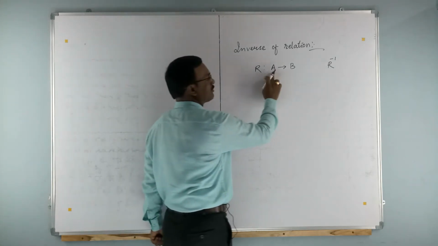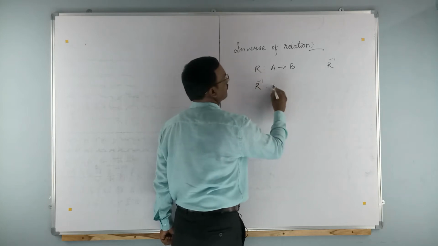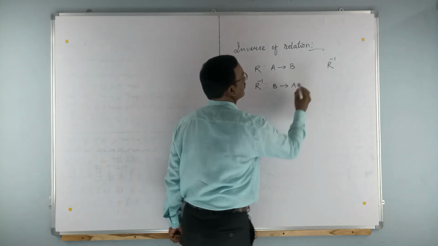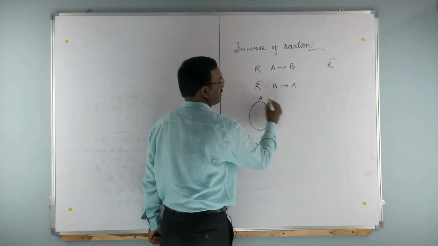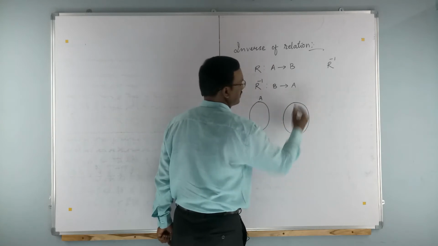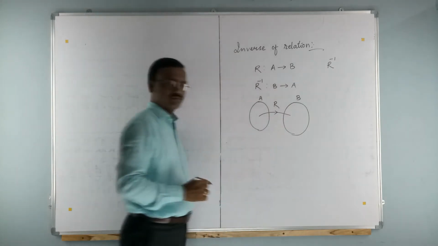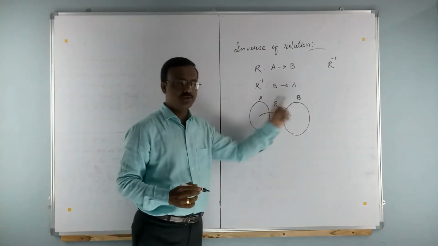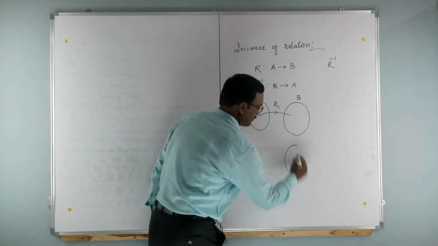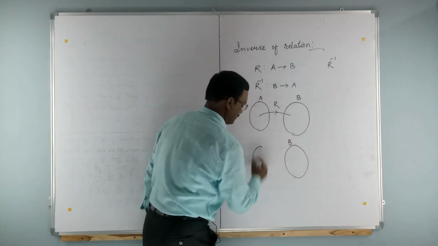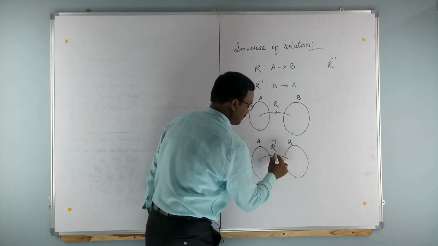So if R is from A to B, then inverse of relation R is from B to A. Pictorial form of the same: if A is the first set, B is the second set, and relation R is from A to B, then R inverse will be from B to A. So this is the situation.